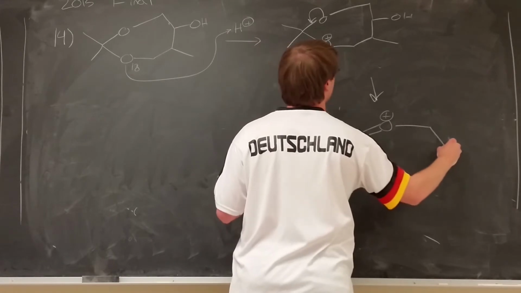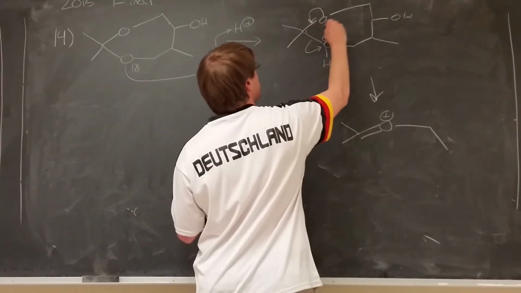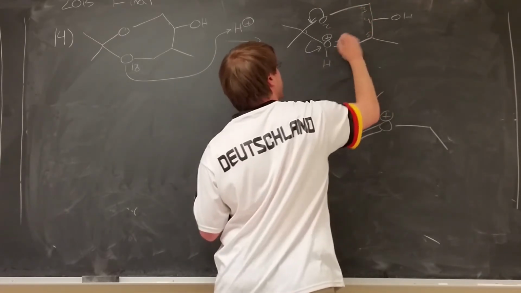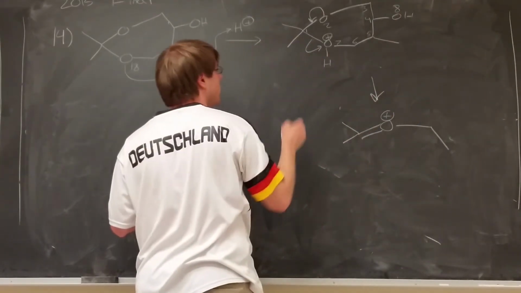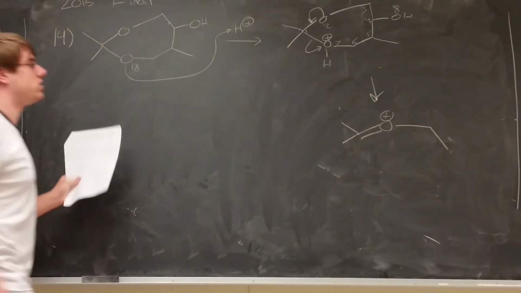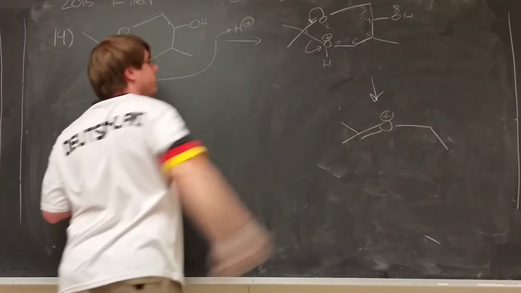Now I should probably number my carbons because I'm bound to make a mistake if I don't. So let's say this is 1, 2, 3, 4, 5, 6, and 7. And I'm numbering the oxygens as well because I'll probably need to keep track of those. Now, oxygen 7 we'll keep in mind is the O18. So I'm just going to write O7 equals O18 just so we don't forget for later.